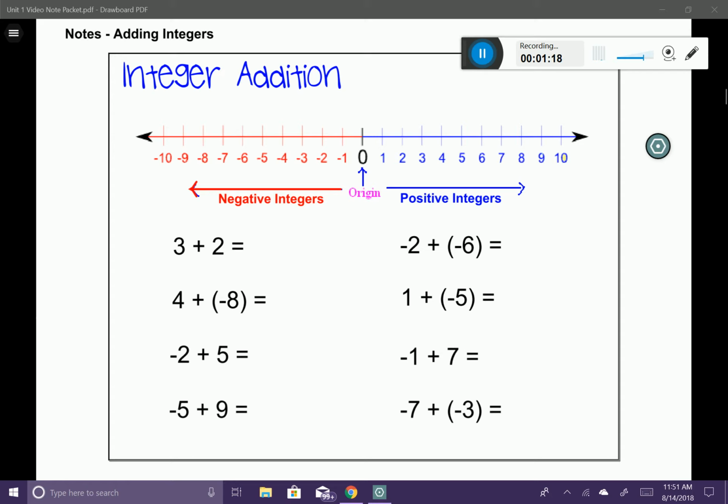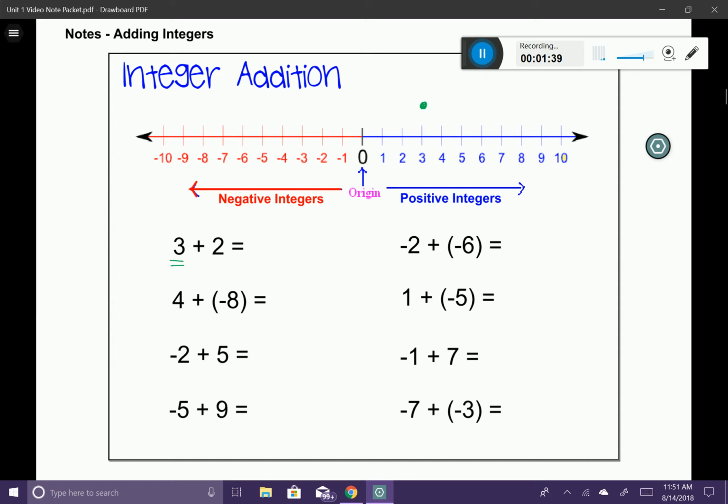The first example says 3 plus 2. Now 3 plus 2, I'm going to show you how to indicate it on a number line so that you know how to use the number line when doing this. So I'm going to begin on my number line where the beginning number is. So I have a 3. I'm just going to put a little dot over the number 3. And I'm going to move +2.